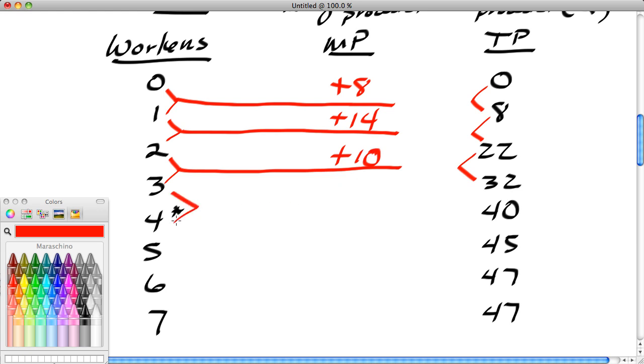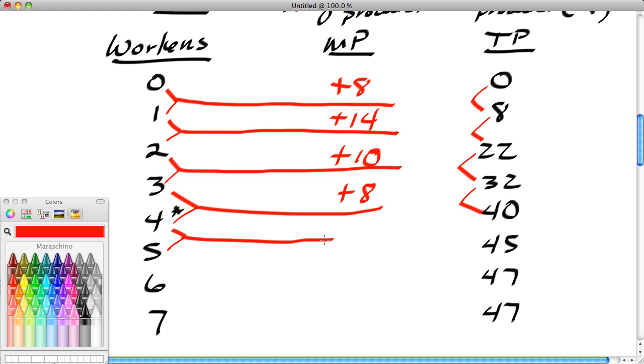You go from 3 workers to 4 workers, you go from 32 to 40, you only add 8 units. And now you can see that this marginal product is dropping. I'm going to talk about that. But at first, marginal product was increasing. It hit a maximum of 14, then it began to decrease. On the third worker, notice, marginal productivity began to decrease.